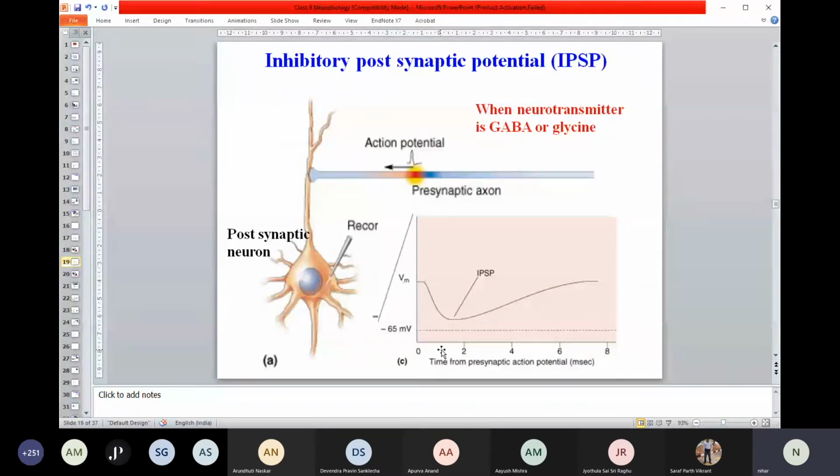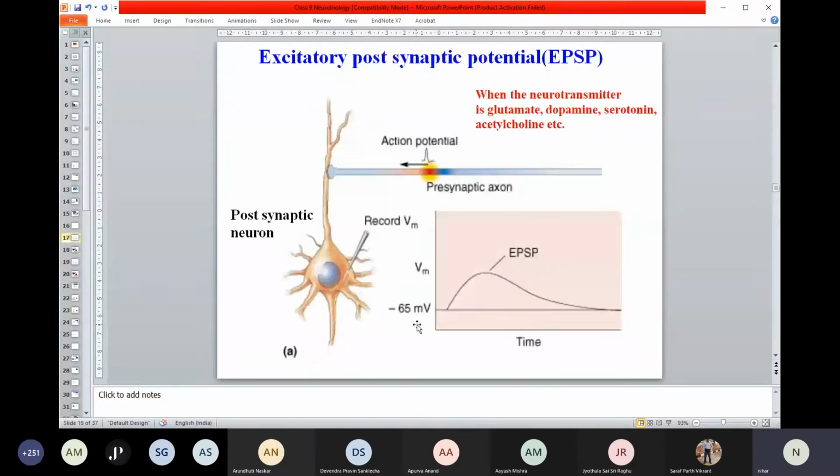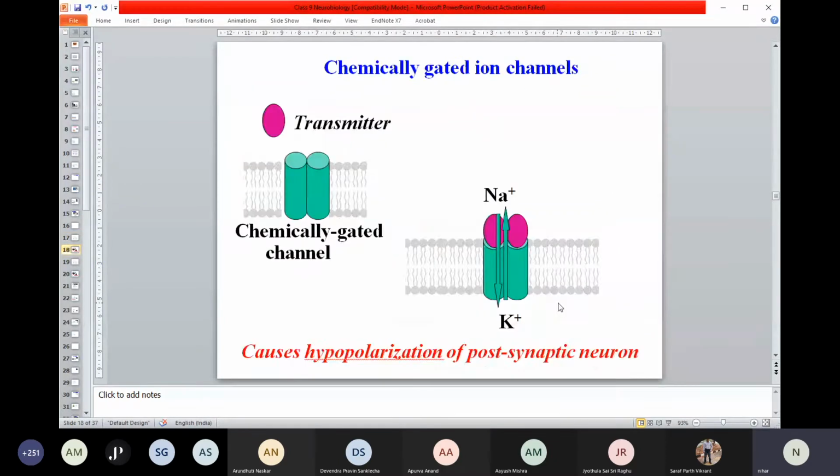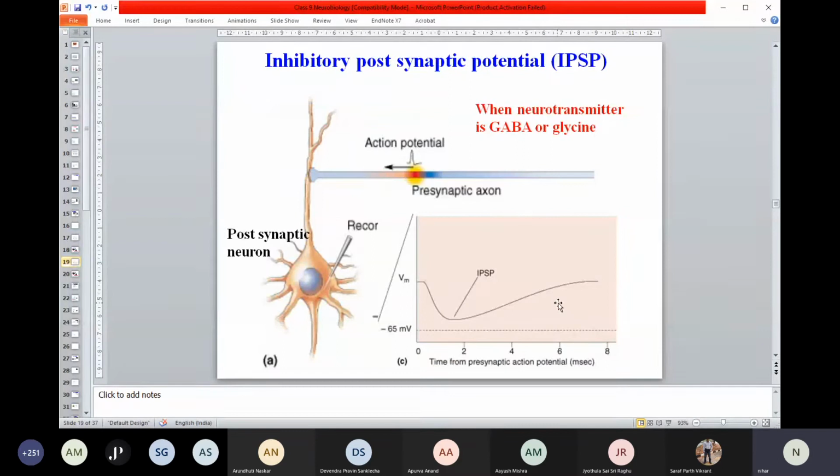But in this case, if the neurotransmitter is excitatory, then there will be a generation of excitatory postsynaptic potential. If the neurotransmitter is inhibitory, say GABA or glycine, in that case, in this postsynaptic neuron, there will be generation of IPSP.